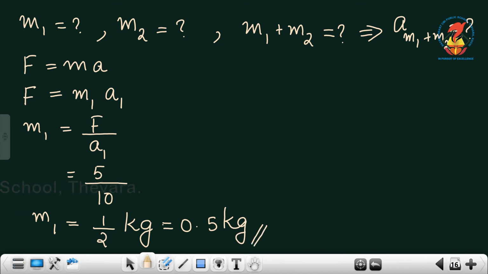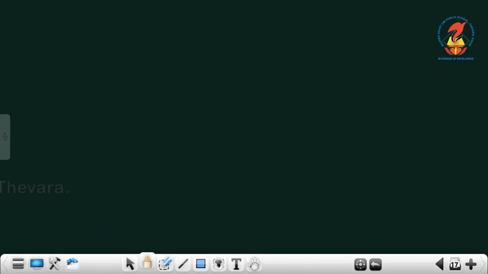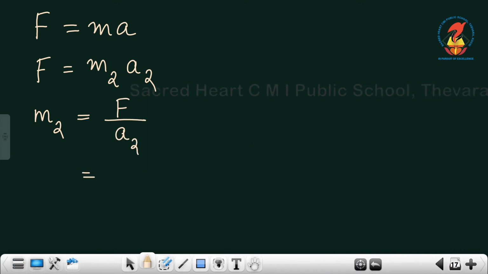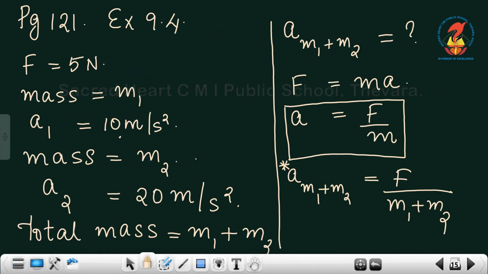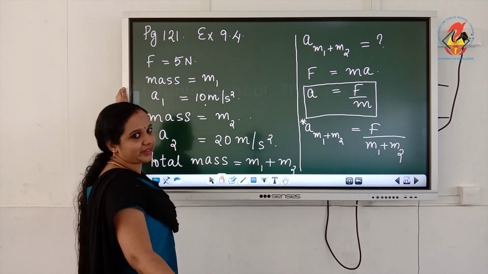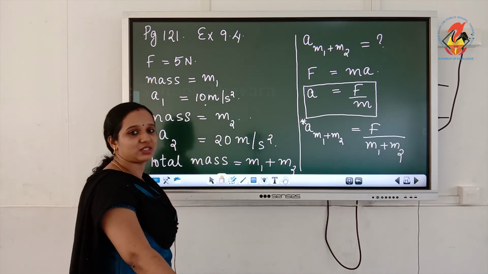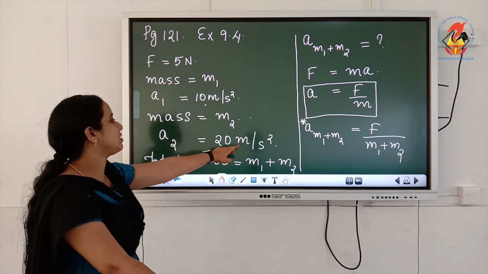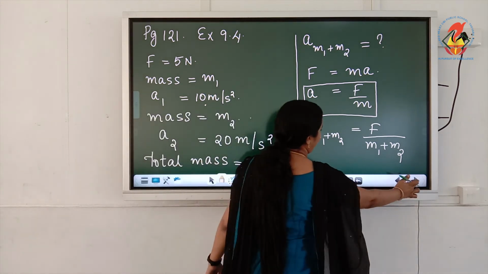So, we solved for m1. Now, similarly solve for m2. Again we have F is equal to ma. So, the equation for the second object is F is equal to m2a2. Here we need to solve for m2. So the equation becomes m2 is F by a2. Again, the question clearly says a constant force is applied on the same object. That means the forces applied on both the objects are the same, which is equal to 5 Newton, and it created an acceleration of 20 meter per second square on the second object.